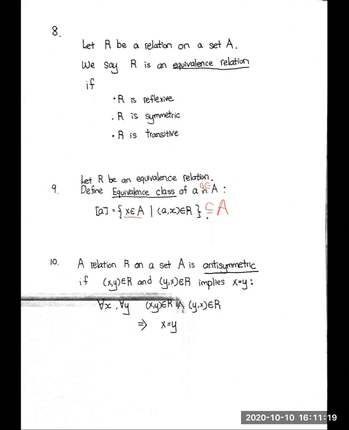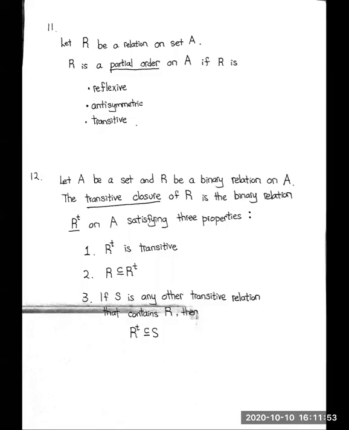Next, we say that a relation R on a set A is anti-symmetric if we have (X, Y) is in R and (Y, X) is in R implies that X must equal Y. Now let R be a relation on a set A. Then we say that R is a partial order on A if R is reflexive, anti-symmetric, and transitive.